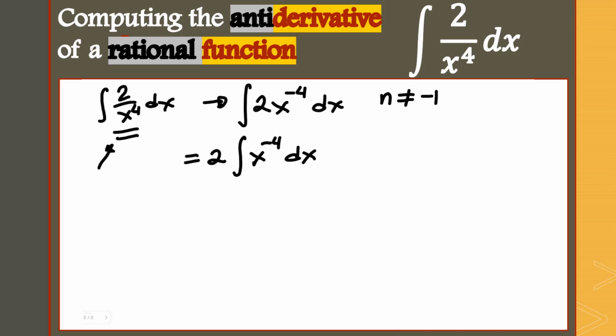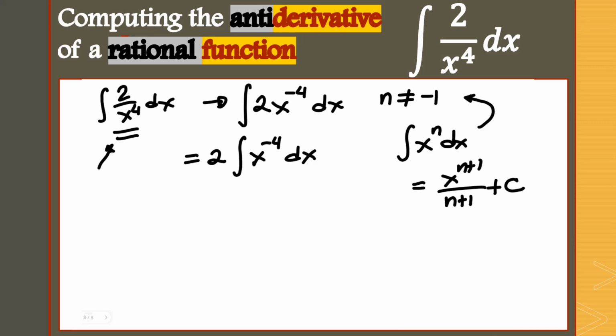Then we can apply the power rule, which tells us that if we have the integral of x to the power of n with respect to x, as long as n is not equal to -1, it's equal to x to the power of n plus 1 over n plus 1, plus c. This is now equal to 2 times x to the power of -4 plus 1 over -4 plus 1, plus c.